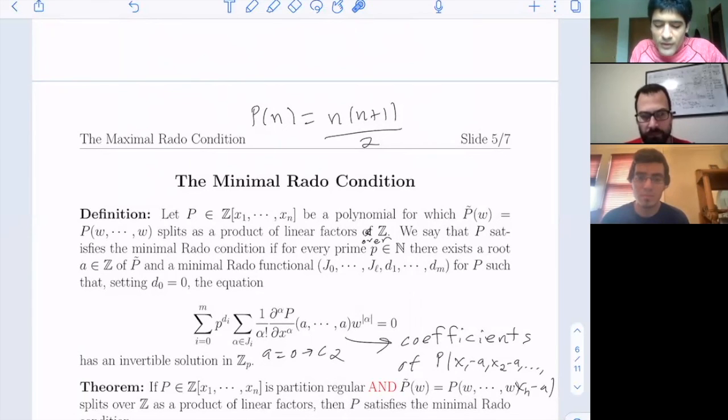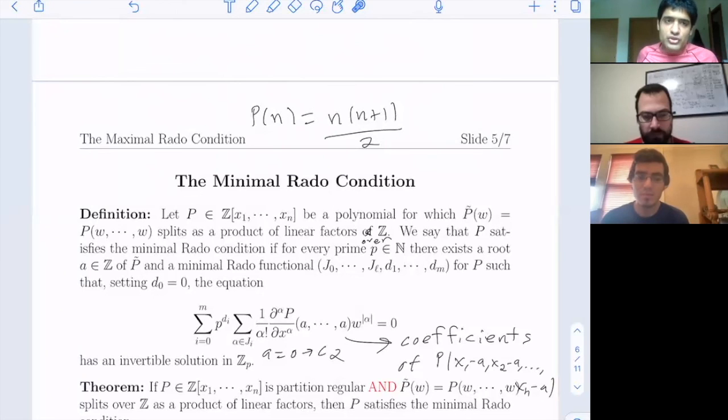So there seems to be something. Thank you, Andrea. That's the word I was looking for. The only possible completions of the integers with respect to any valuation are either the p-adics or the real numbers.